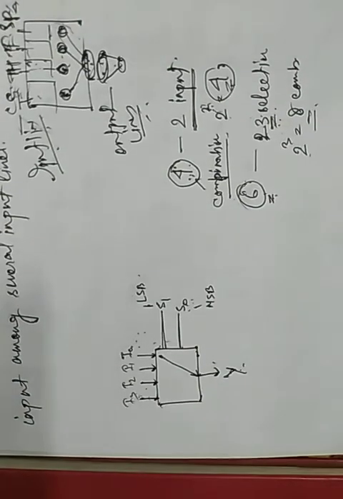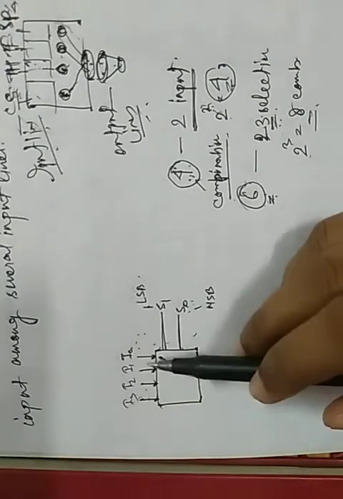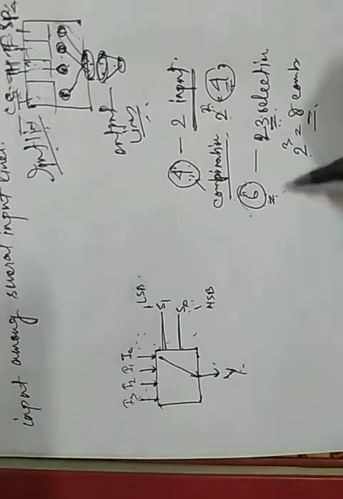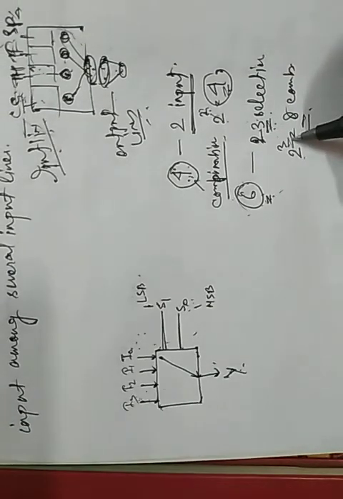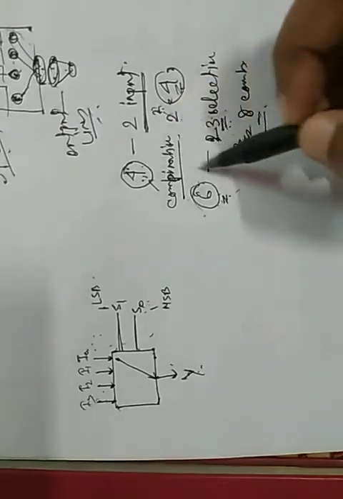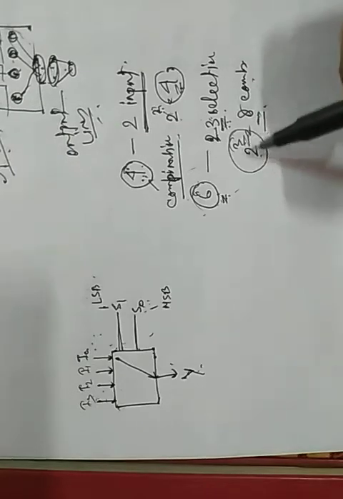There may be a question: how many selection lines are needed to select among 6 input lines in a multiplexer? Obviously 3 selection lines. I have told you many times that with 3 selection lines we get 8 combinations, 2 to the power 3.